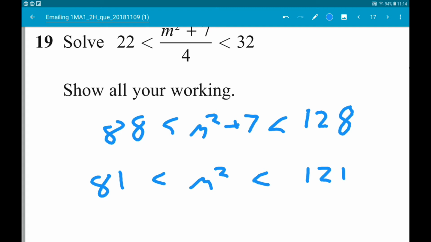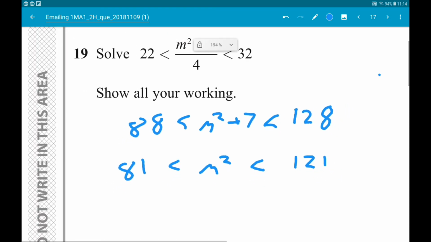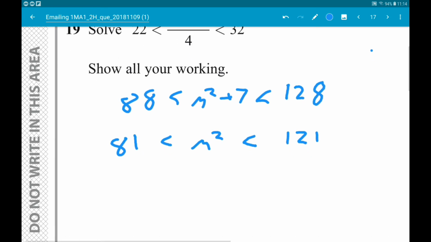So we want the region where y equals m squared is between, well, the y value is between 81 and 121.